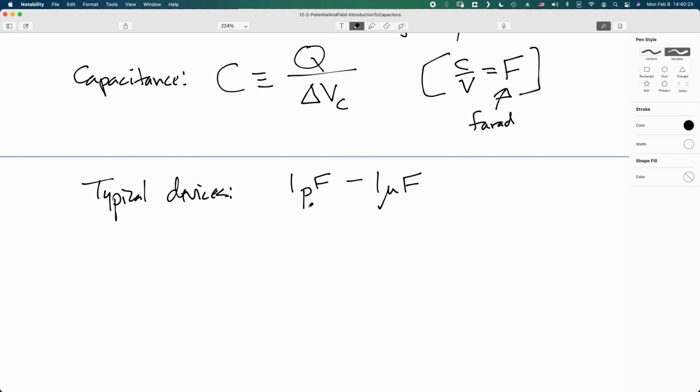For reasons I'm not entirely clear on, manufacturers usually quote picofarads and then they jump to saying hundreds or thousands of microfarads rather than saying nanofarad. I don't know why. Nanofarad's a perfectly good unit, but they don't do it. So for typical devices, it's a picofarad to microfarad kind of range.